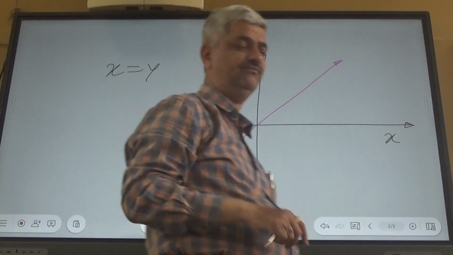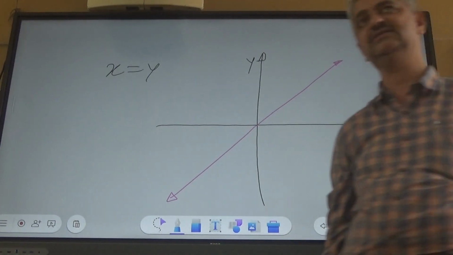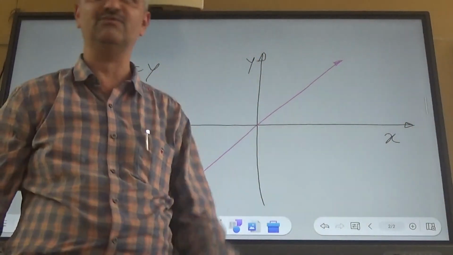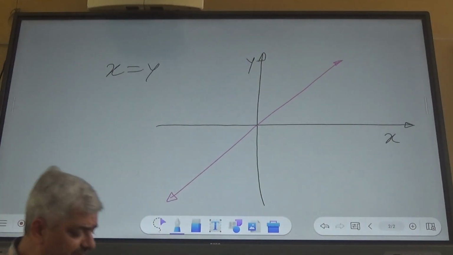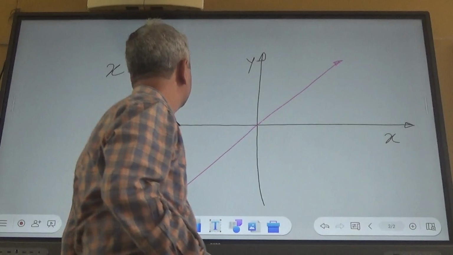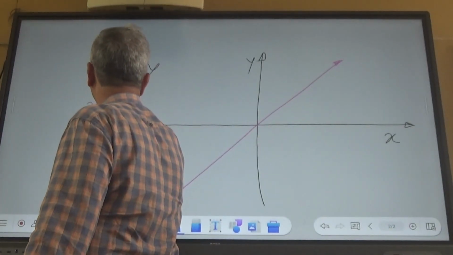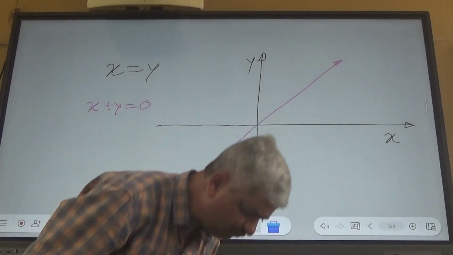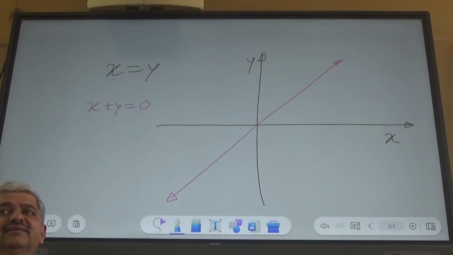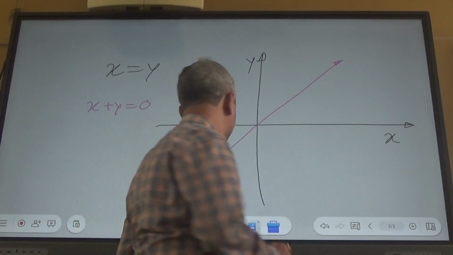A line falling between the first and third quadrant, making a slope of 45 degrees with both the x and y axis. Now what will x plus y equal to 0 mean? Exactly the reverse.